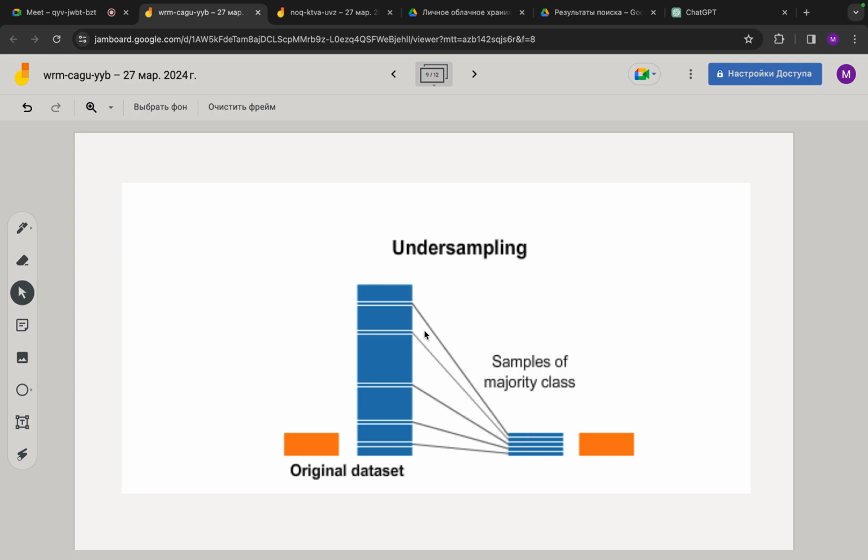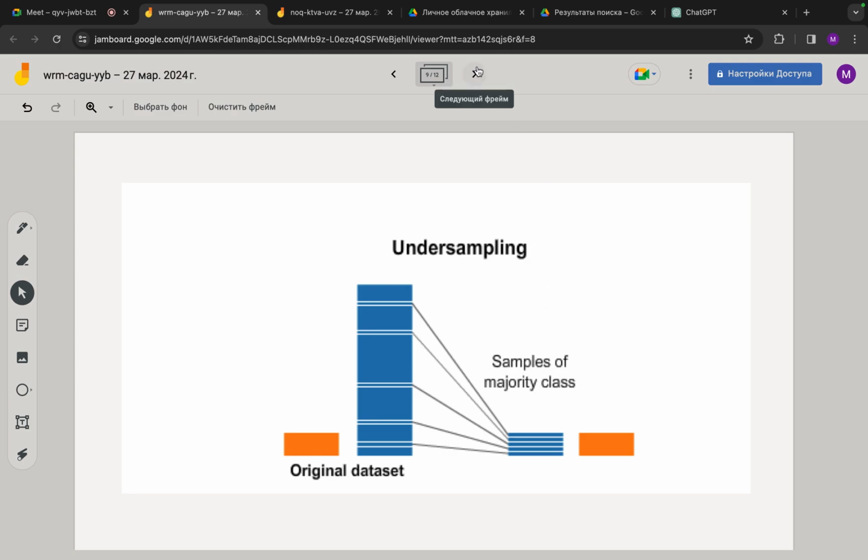As you can see, we are reducing randomly until we reach the minority class proportion. The problem here is that we can lose a lot of important data or information.